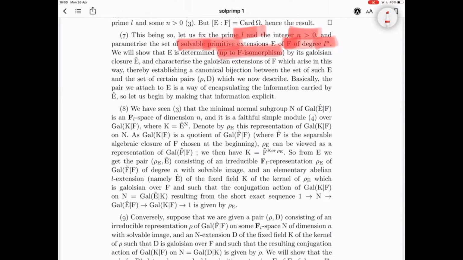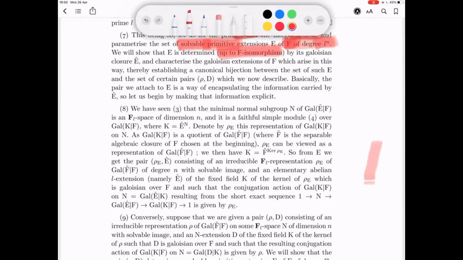Now, how are we going to parameterize these? So the first assertion is that if I take the Galois closure of such an extension, E hat, I can basically recover E from E hat, maybe not up to F isomorphism. Now that's an important thing.